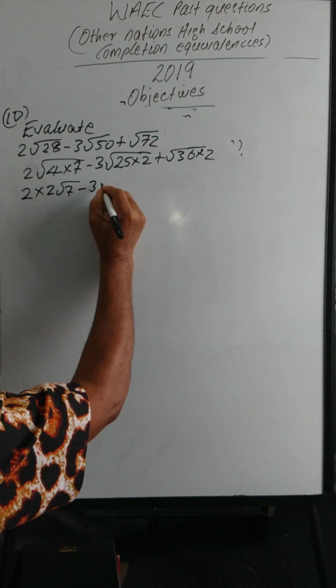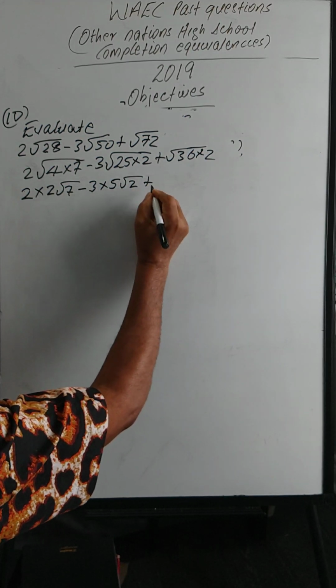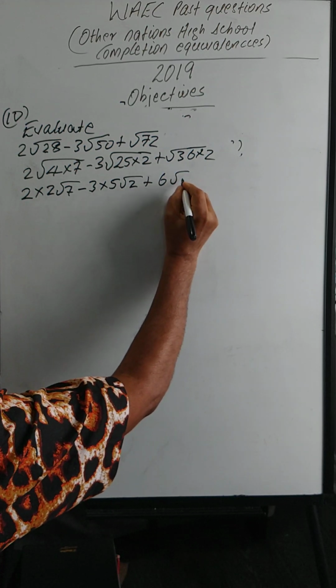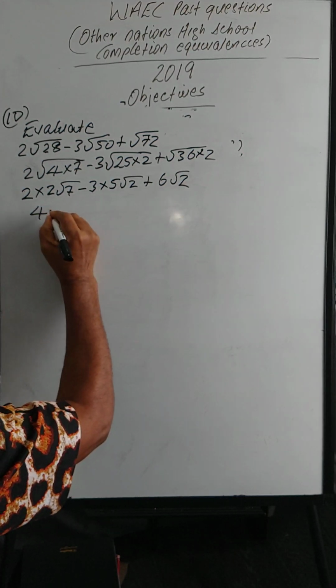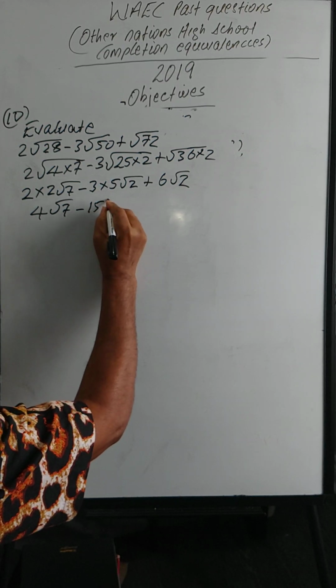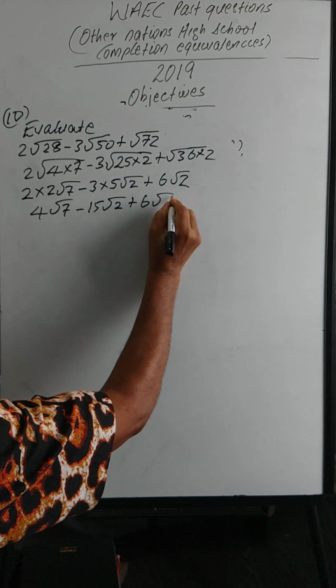The square root of 25 is 5. So 2 plus the square root of 36 is 6 root 2. We now collect the like terms. This is 4 root 7 minus 15 root 2 plus 6 root 2.